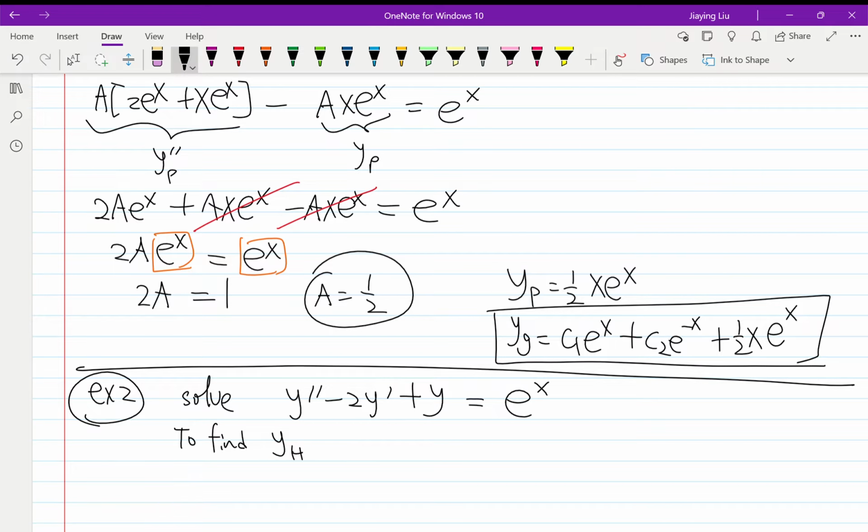I'm just going to write down what I have, and feel free to compare your work with mine.